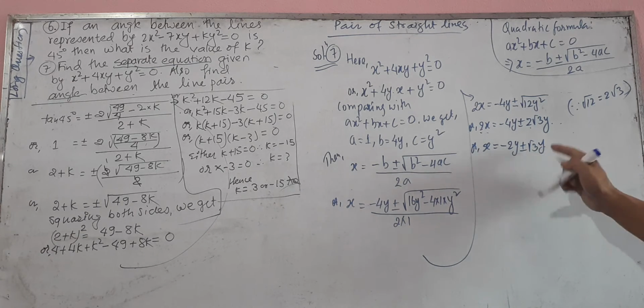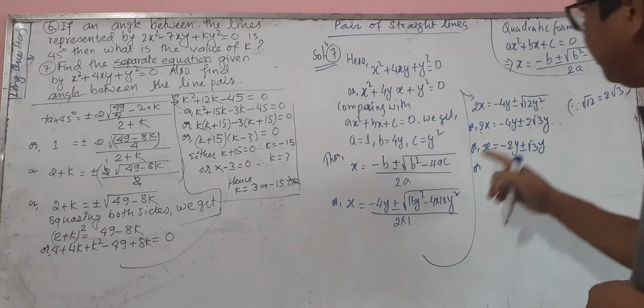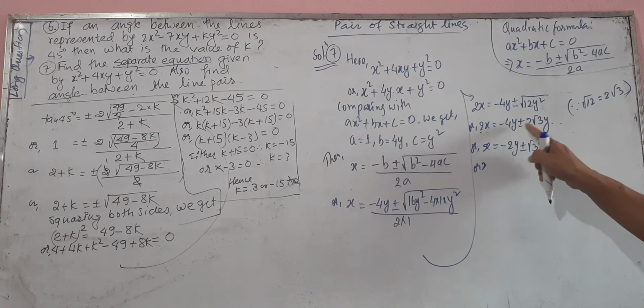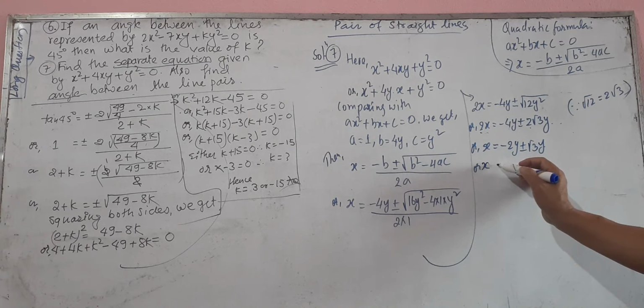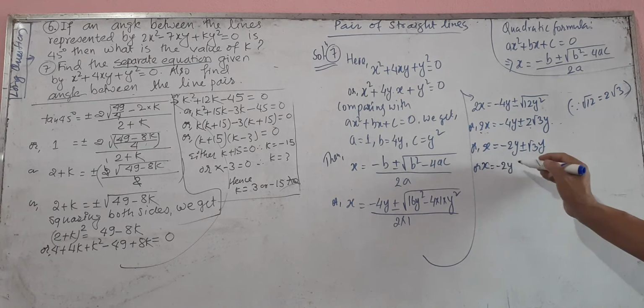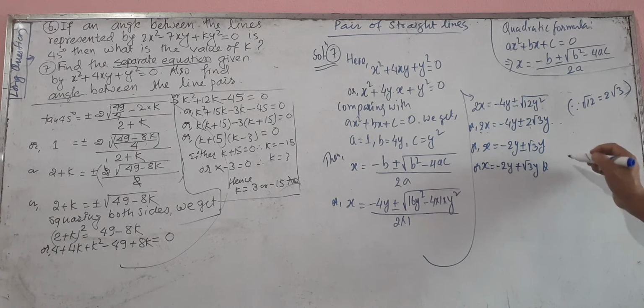Or you can take y common. Here, y can be taken as a common factor. So x equals minus 2y plus root 3 y, and x equals minus 2y minus root 3 y.